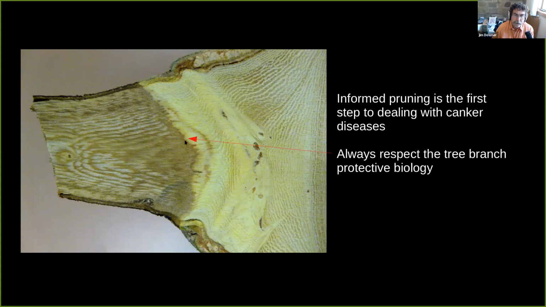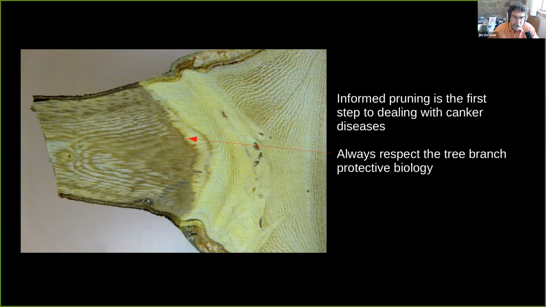And you can see where the arrow is pointing. The discolored wood is trying to advance into this area, and the tree is essentially keeping it from progressing further for a time.